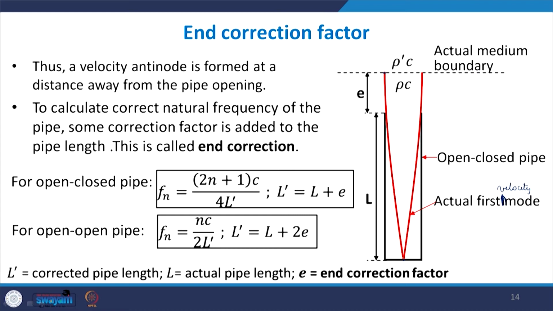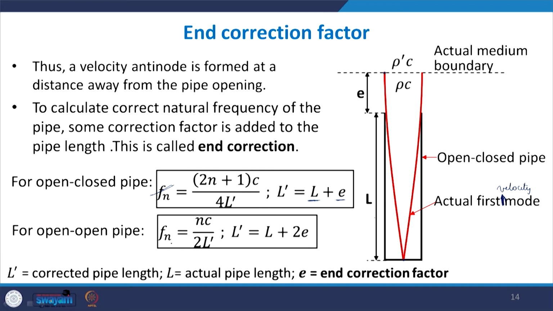Therefore the total length for the formula should not be the length of the pipe, but the corrected length, which is the actual length of the pipe plus some end correction. This is for a closed-open tube.